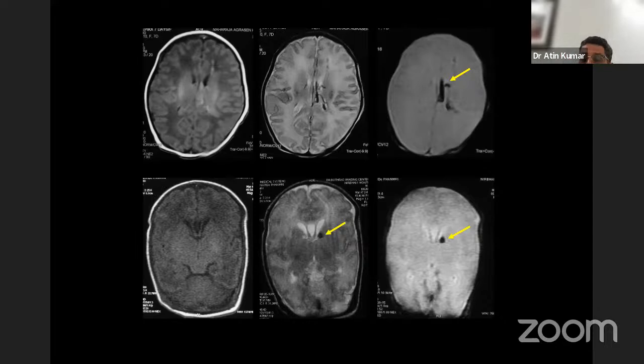But this will tell you that the bleed occurred when the child was less than 34 weeks of gestational age. So accordingly, you can know whether it was antenatal or, even if it was a preterm delivery, maybe at the time of birth only, but the child had to be less than 34 weeks to have this kind of a bleed pattern.